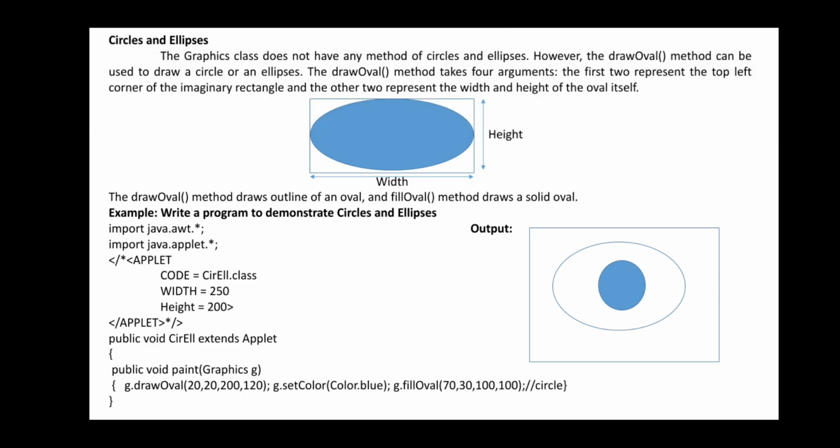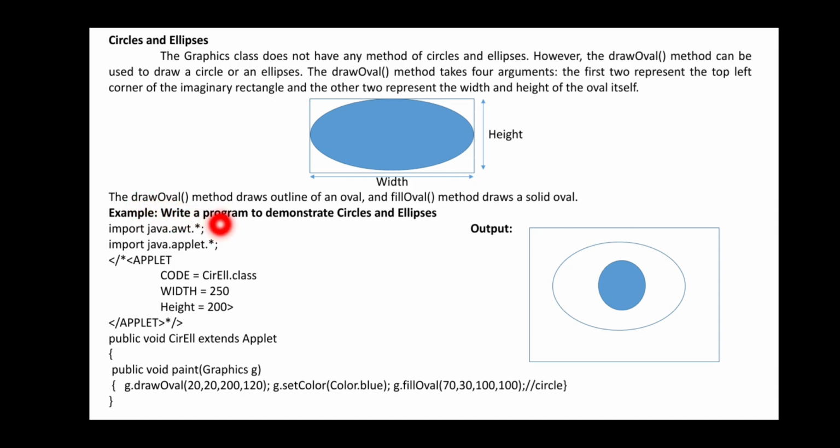Then the other two elements are the length and width, or height and width, you can call. As you are seeing here, this is an imaginary rectangle. It is not going to be displayed on your screen, and you won't have only this particular oval object, it will be in the background. To set this oval in the correct shape, we are going to use these two pieces of information.